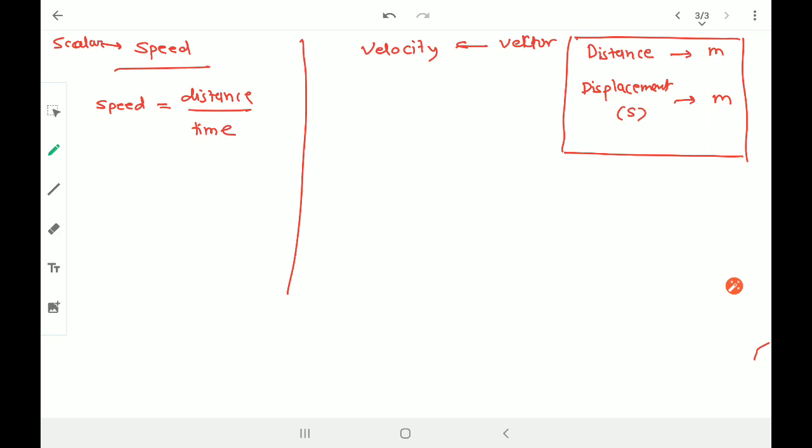If I say that my speed is 5 meter per second, that means I can cover 5 meter in 1 second. That's what we call speed. Whereas velocity is displacement upon time.